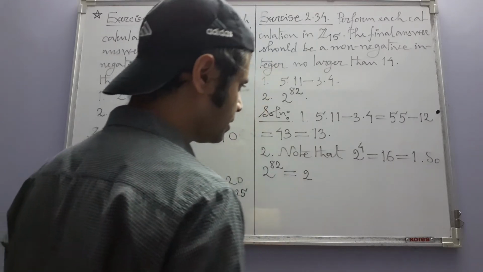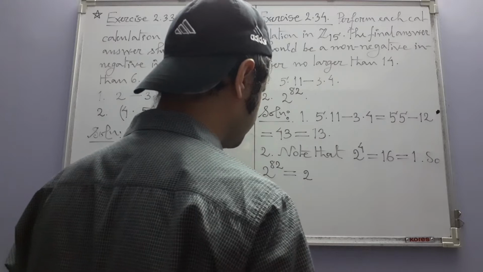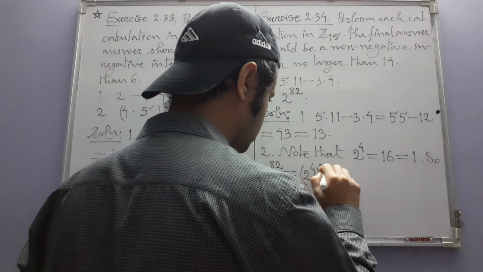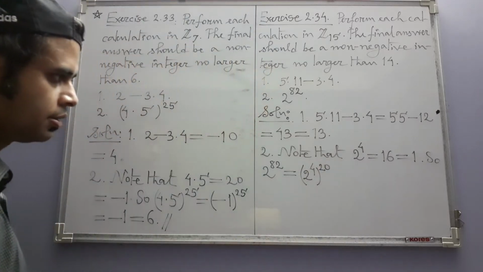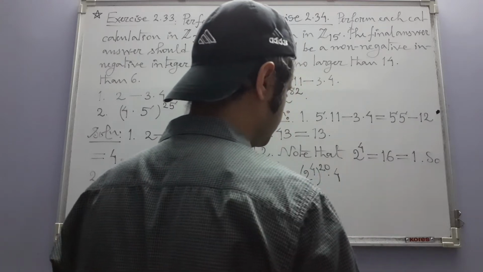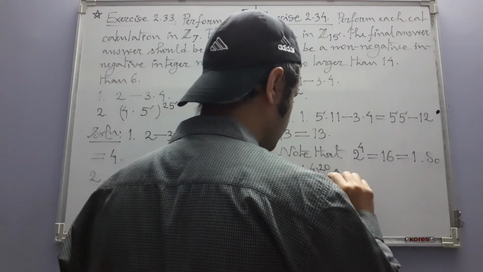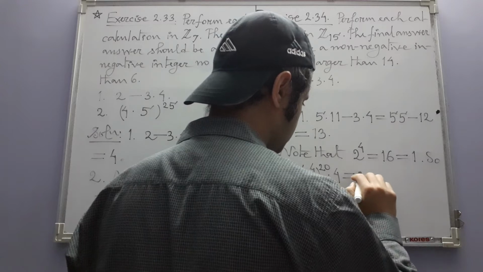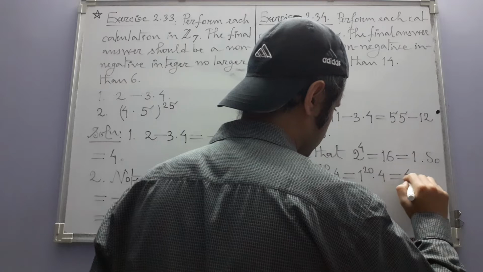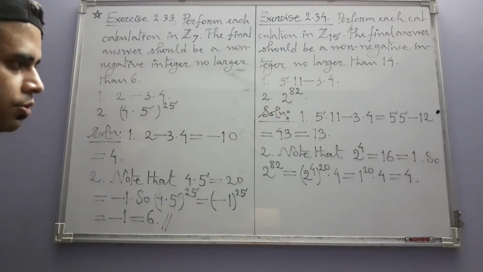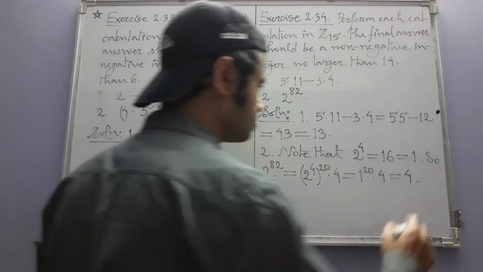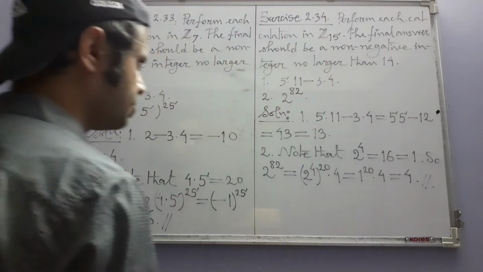If we think of division by 4, this gives us 80, and extra we have 4. So 2 to the power 4 is congruent to 1, so that means this is equal to 4. 4 is a non-negative integer less than or equal to 14, so this is our answer.